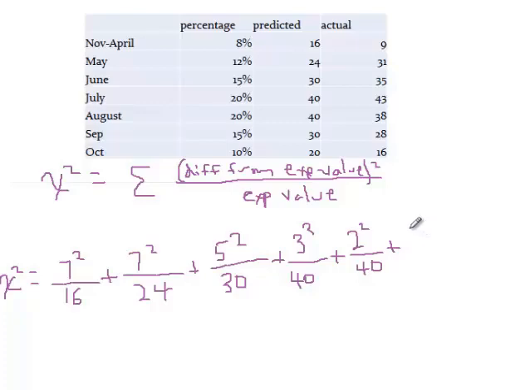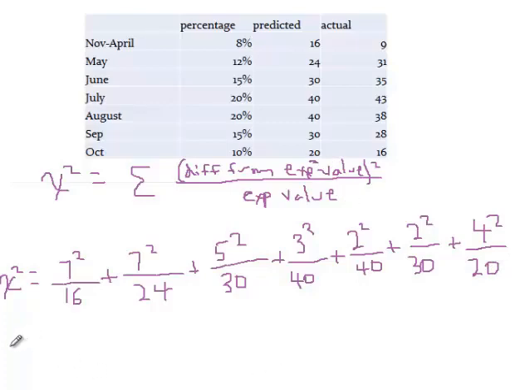September, which was 30 minus 28, also 2 squared, divided by 30, which was the predicted value. And then we had October, where the difference between the predicted and actual was 4. So that's 4 squared divided by 20, because 20 was the predicted value. Okay, let's multiply this out.